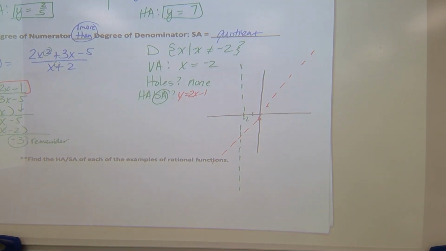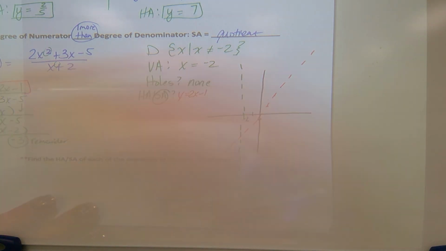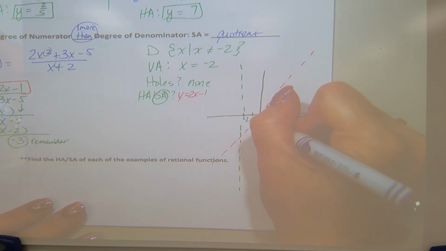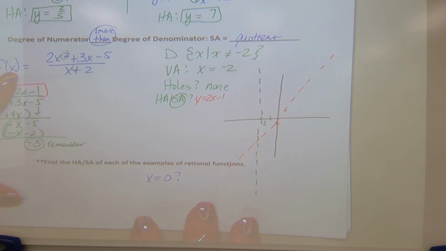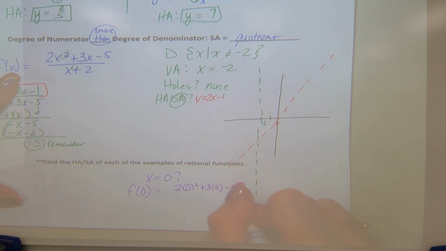A good point to check would be where x is 0. If x equals 0, what is y? So I'm going to go to my function and find f of 0 and see what happens. Well, 2 times 0 squared plus 3 times 0 minus 5 over 0 plus 2.